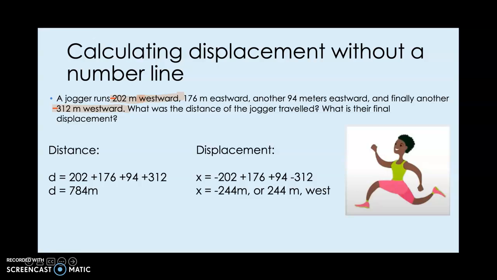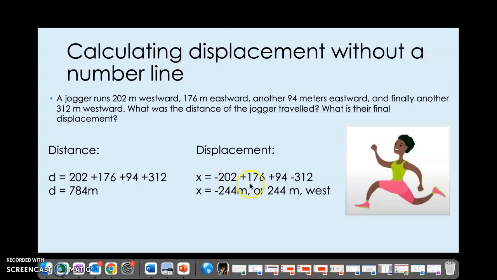So that when I get to this, I will end up with negative 202 plus 176 plus 94 minus 312. So again, I'm just adding the numbers, but because I made the westward values negative, when I add them together, I will get that my displacement is negative 244 meters. Or it means that the jogger ended up 244 meters to the west of where they started running.